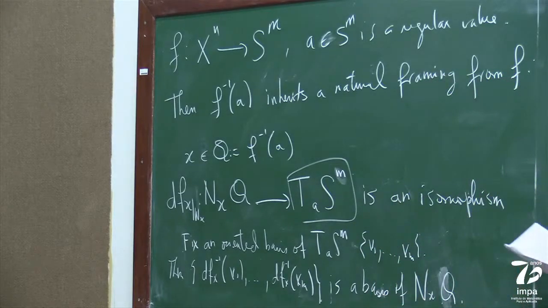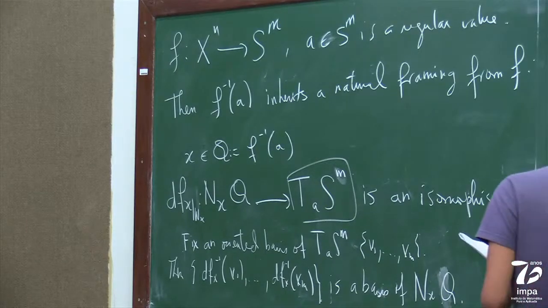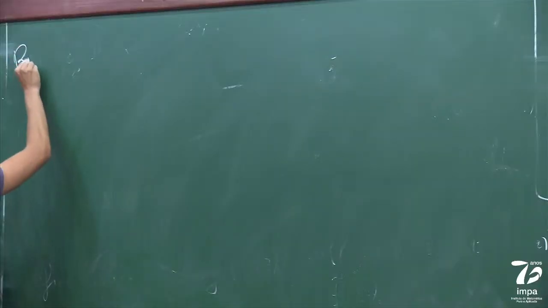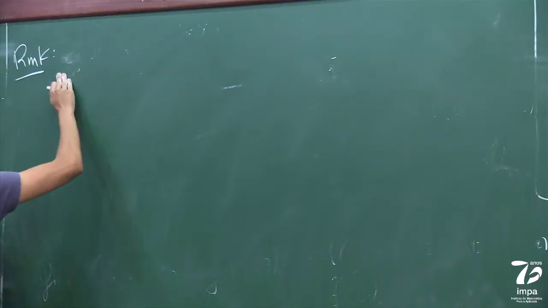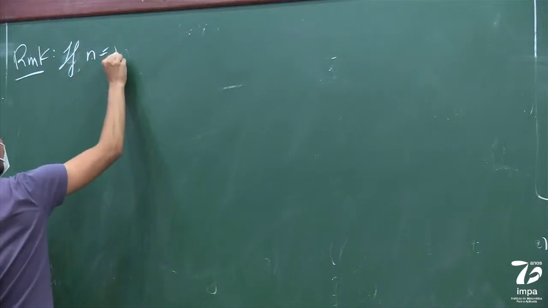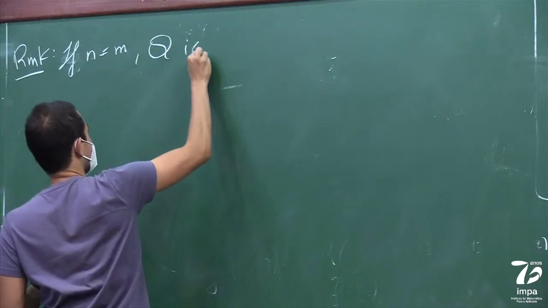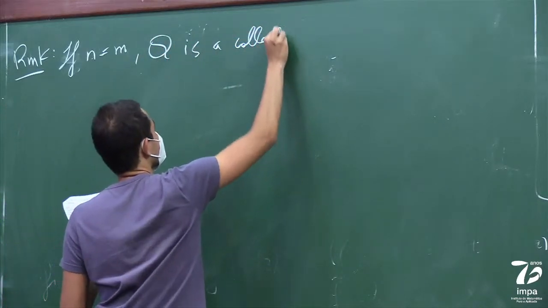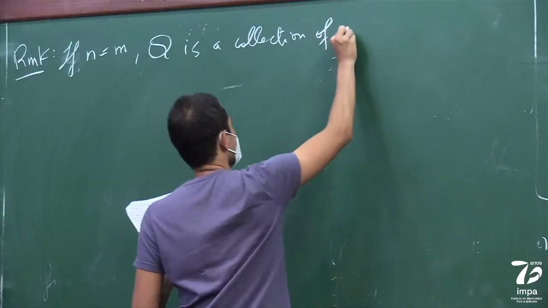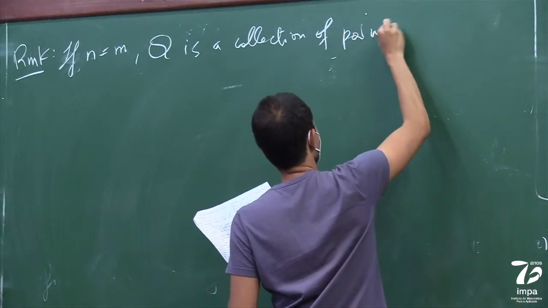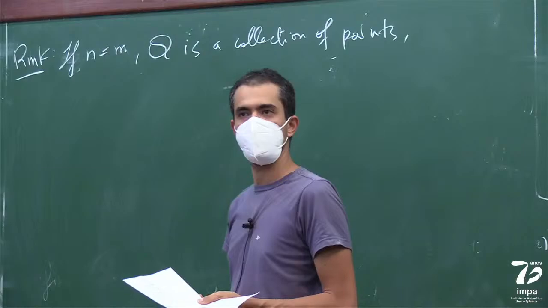Okay, so here is one remark about this. If n is equal to m, Q will be a collection of points, and what's a framing?